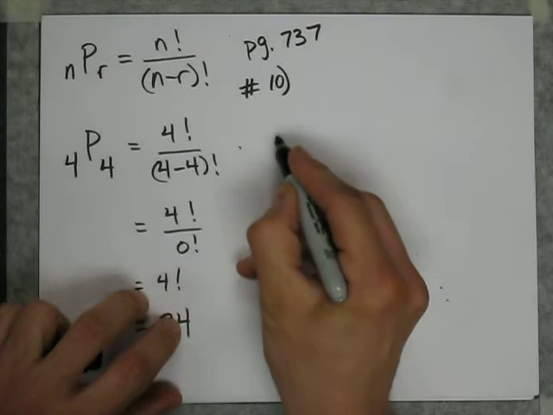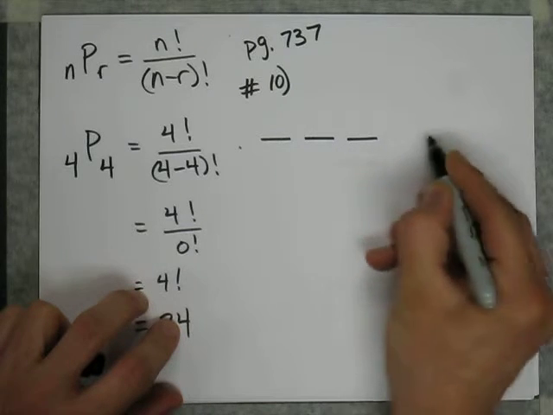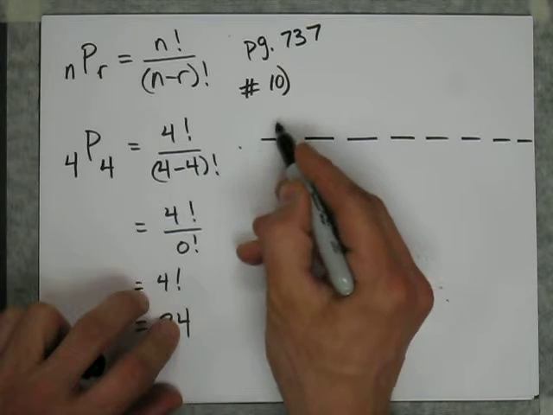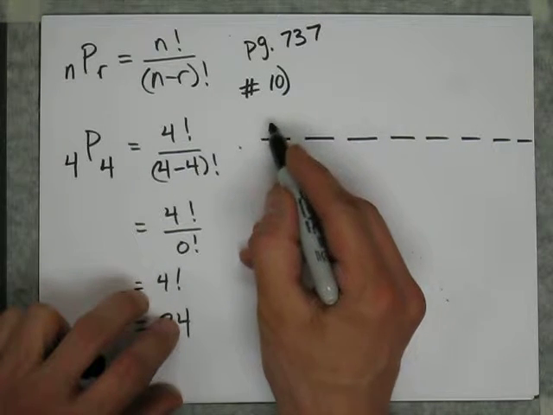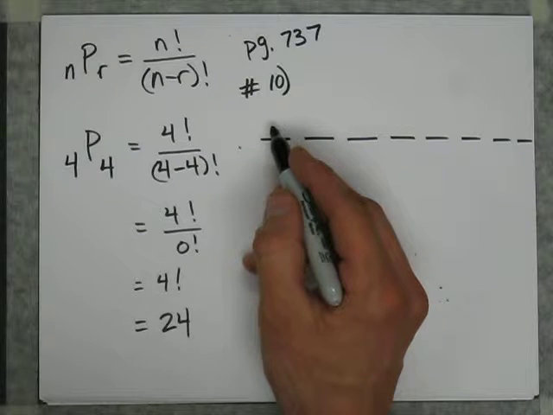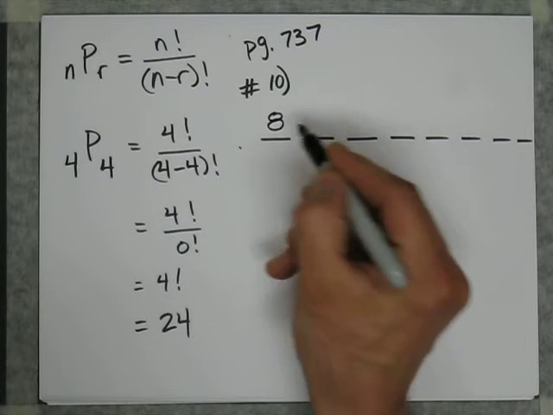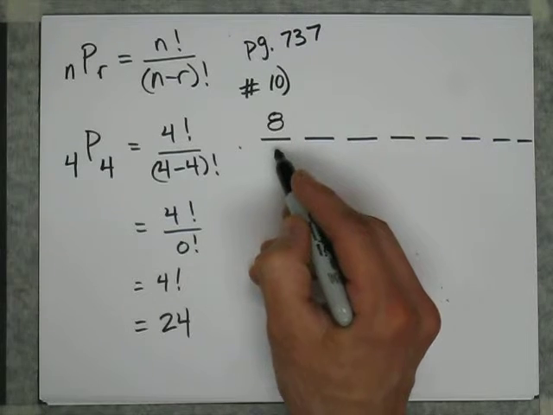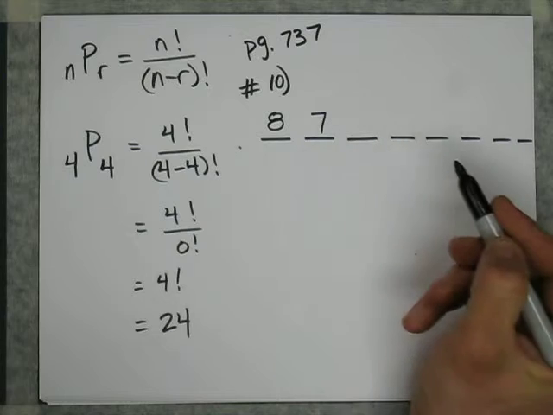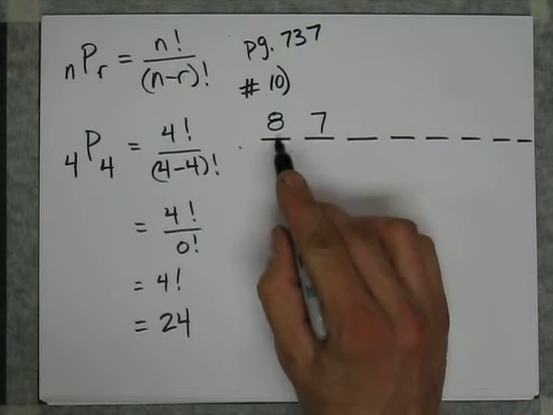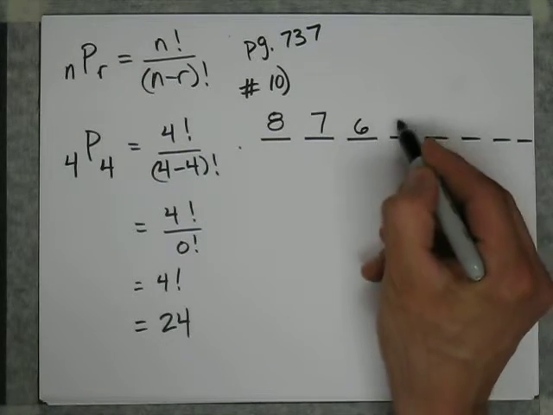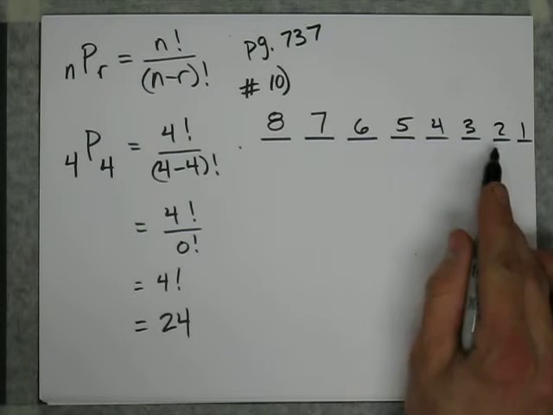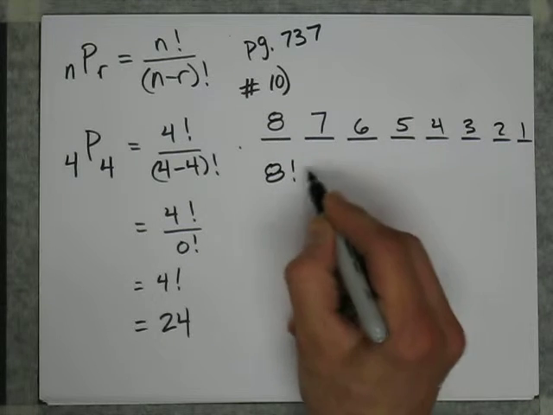So there are 2 ways to do this. One is to say, okay, I have 8 spots. In the very first spot, I'm staring at 8 people and I need to choose one of you, so I have 8 different choices. As soon as I choose one of them, how many people are left to choose from? There are 7. And as soon as I've chosen 2 people, there are 6 people left, and we go on down the line. This is the same thing as 8 factorial.